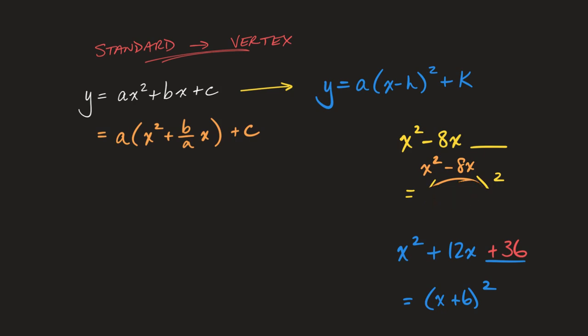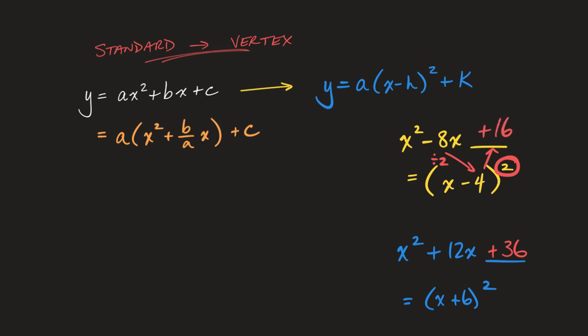So for me to figure out the value that would go on the inside of the bracket, I would have to take half of my middle term. So I'm going to divide it by 2. Now that I know the value that's inside my bracket, what I need to do is square it to get the constant. And (-4)² is my positive 16.